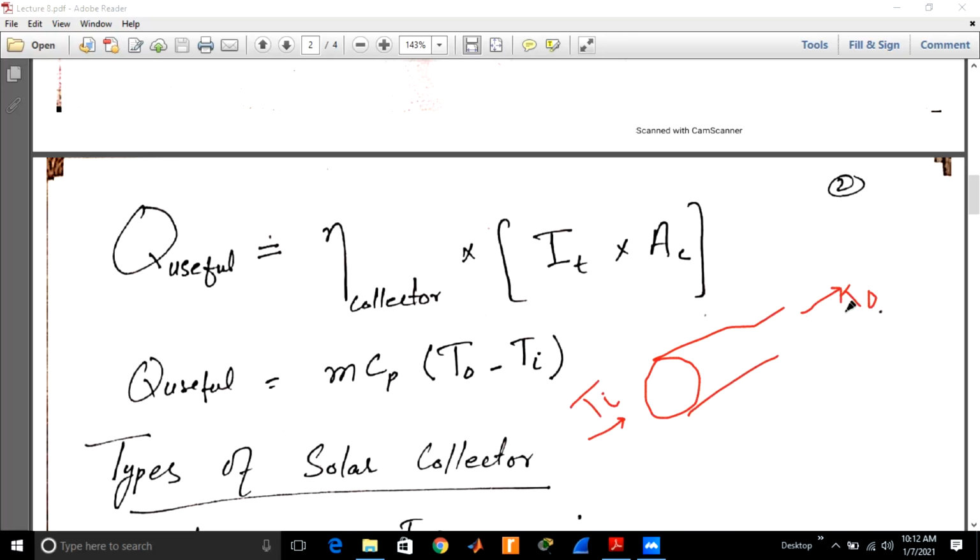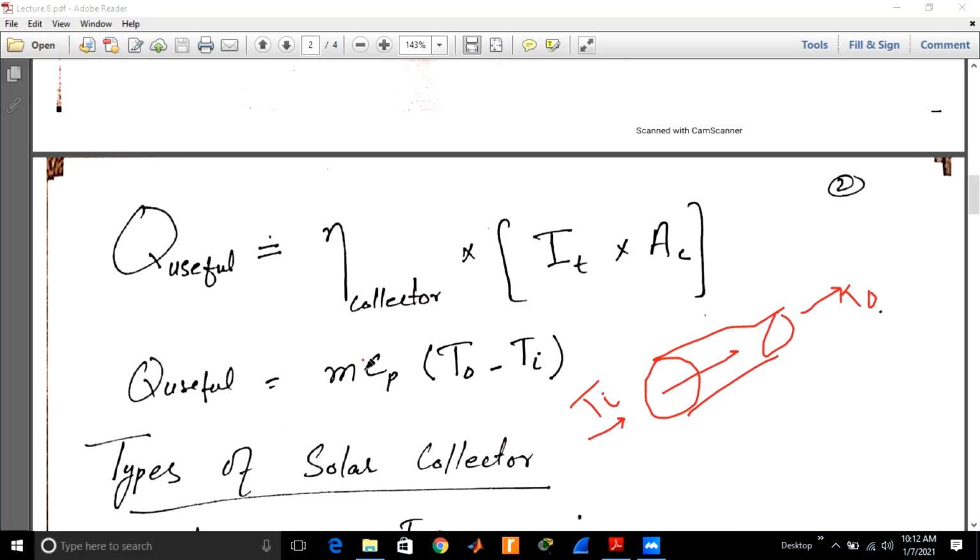The temperature outward must be greater than the temperature inward to the riser tube. The temperature of the fluid entering the riser tube will be smaller than the temperature of the fluid leaving the riser tube. So To minus Ti.